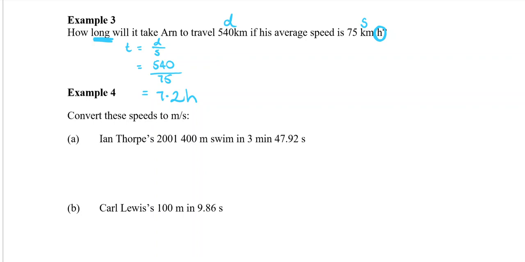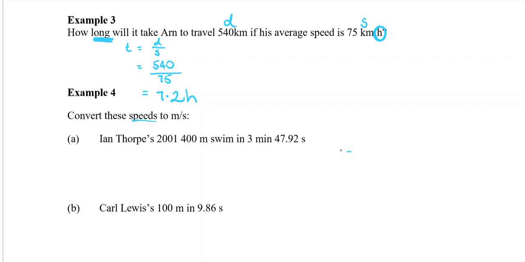Question 4, convert these speeds to metres per second. So we have Ian Thorpe in 2001, he swam the 400 metre swim in 3 minutes and 47.92 seconds. Okay, so it's speed. Speed is going to be equal to distance.